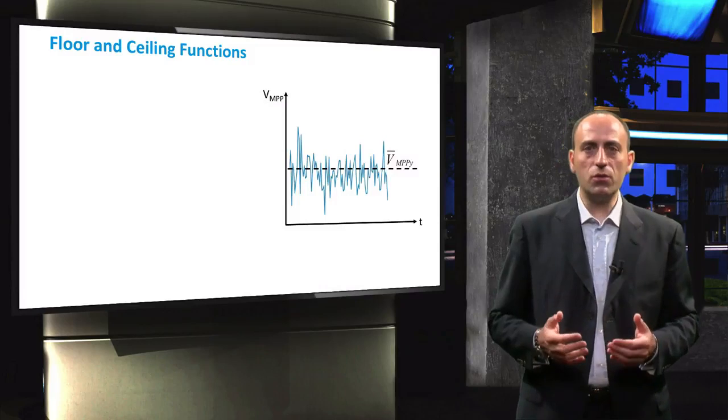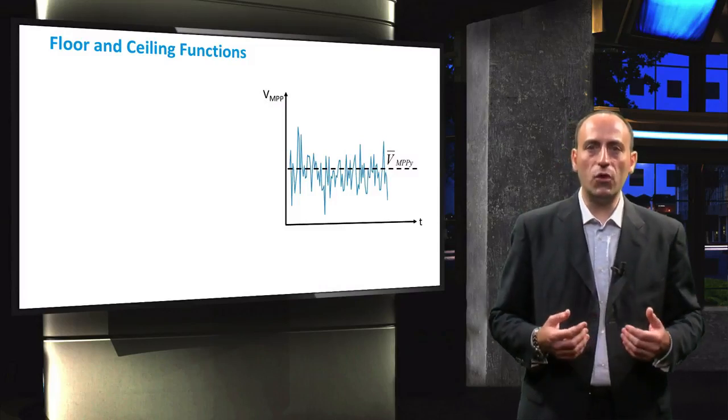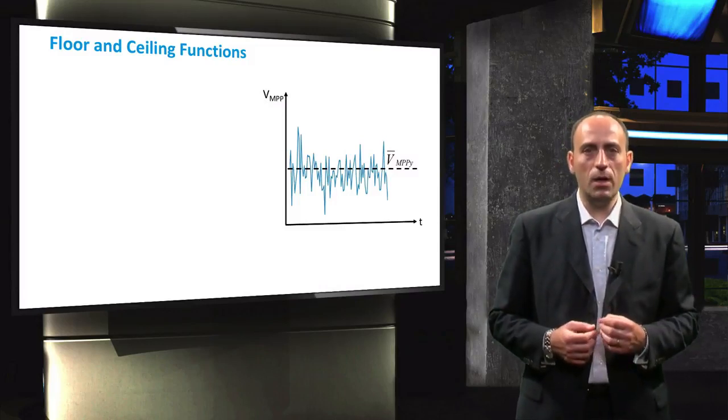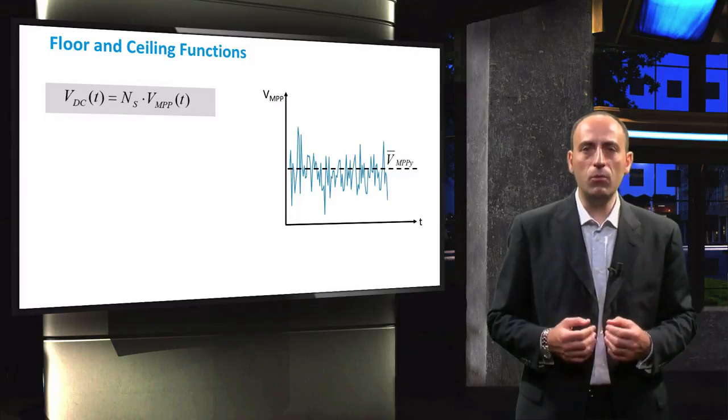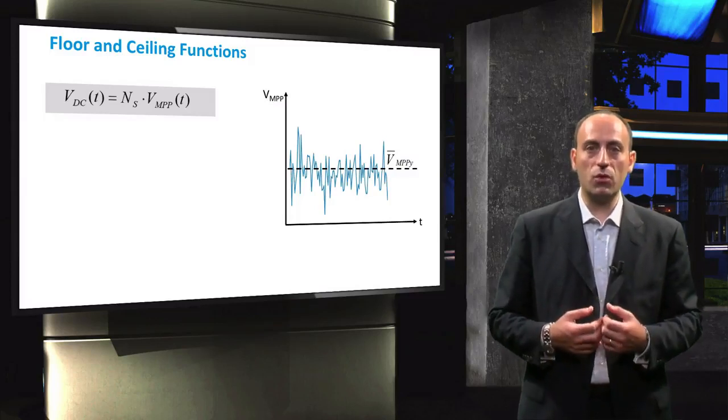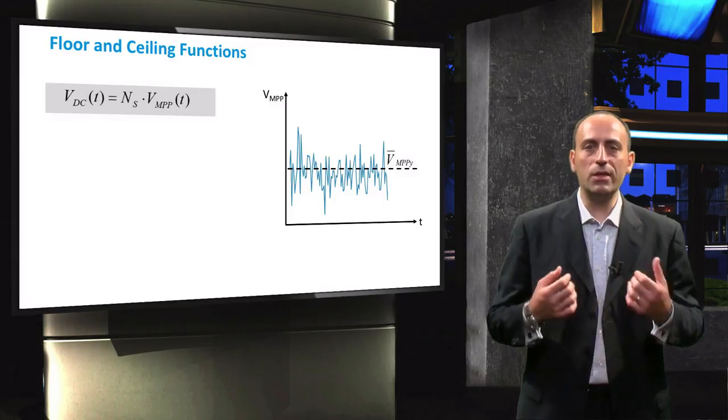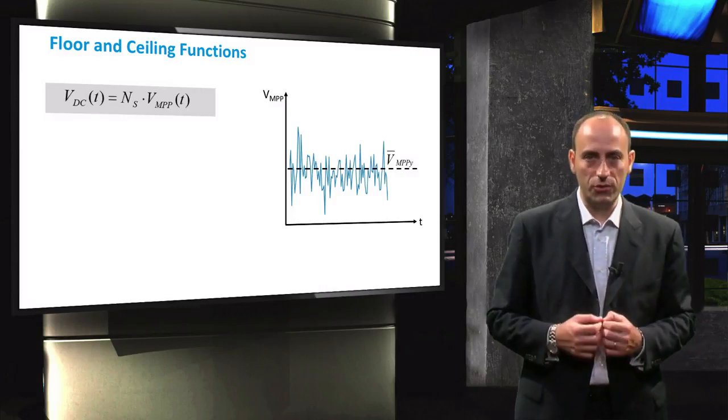But why is this value rounded down instead of rounded up? To understand that, let's quickly go back to the instantaneous VMPP calculations discussed in the previous video. This figure shows the variation of VMPP over time for a single PV module. This instantaneous VMPP multiplied by the number of modules connected in series gives the instantaneous VMPP for the entire string.